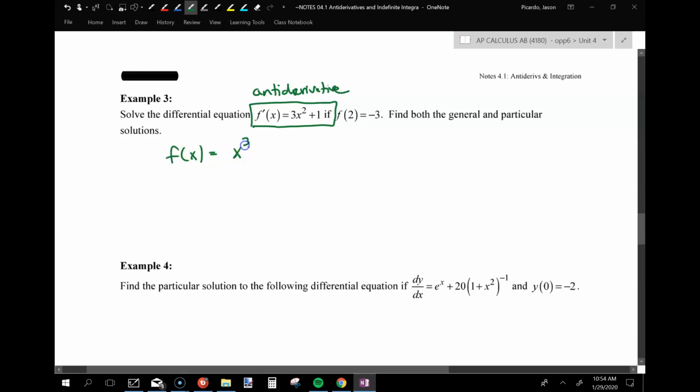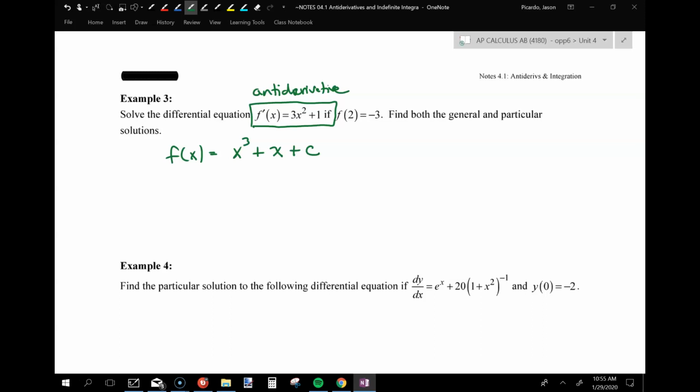X cubed plus, hang on, what about the 1? Plus x, right? And then plus c. So we all agree that that is definitely the antiderivative, right?